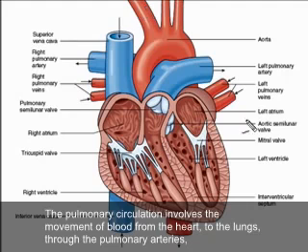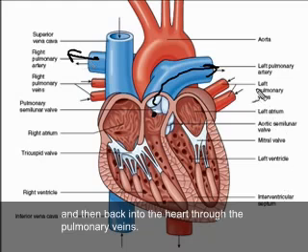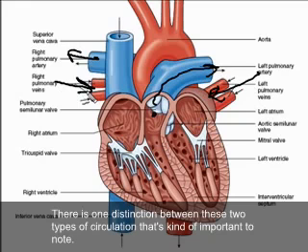The pulmonary circulation involves the movement of blood from the heart to the lungs through the pulmonary arteries, and then back into the heart through the pulmonary veins. And there's one distinction between these two types of circulation that's kind of important to note.